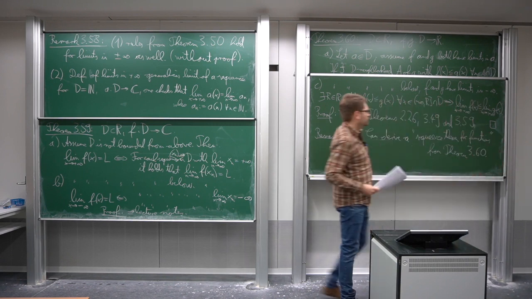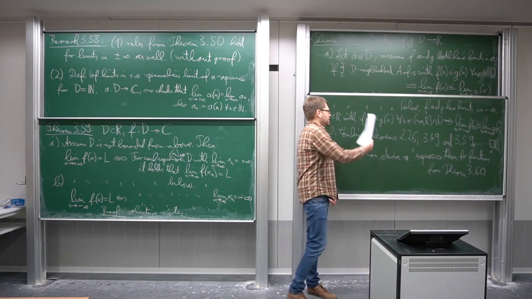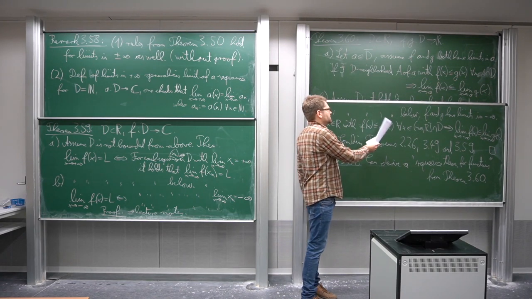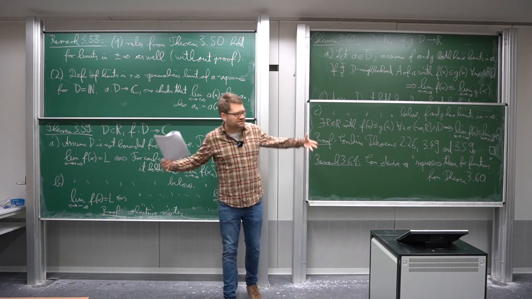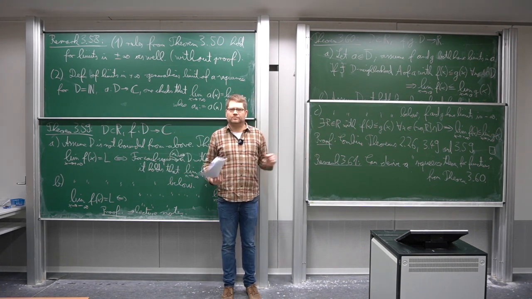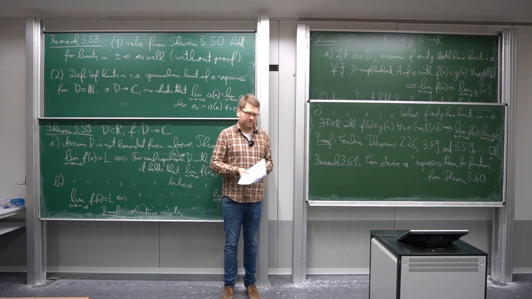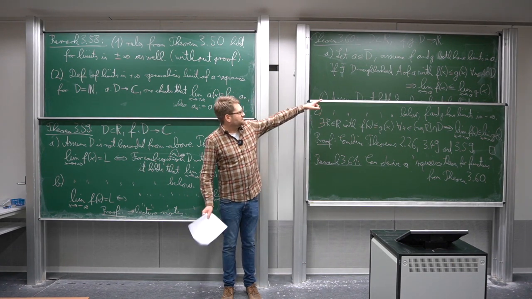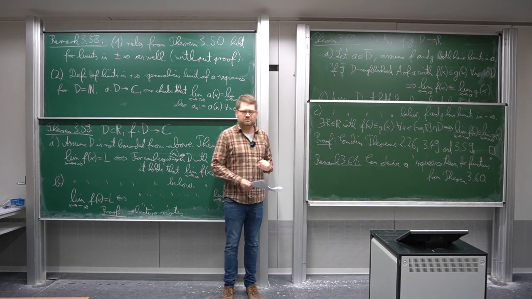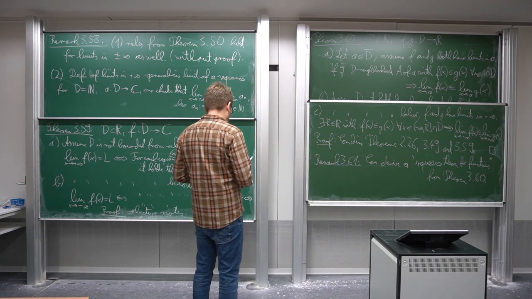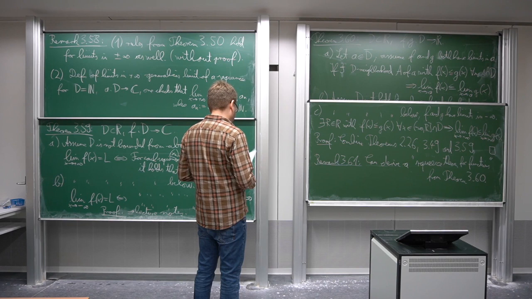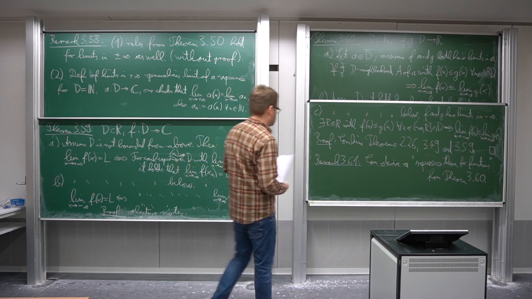Meaning if I have three different functions and they satisfy f of x smaller than or equal to g of x smaller than or equal to h of x, and the outer two functions f and h have the same limit in the point, then the one in between has no choice and has the same limit in this point as well. So this is basically by combining this inequality twice and going along. This is a direct consequence, or directly shown as a squeeze theorem for sequences, and you can use this as well.